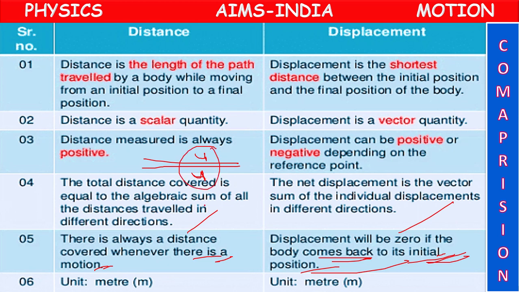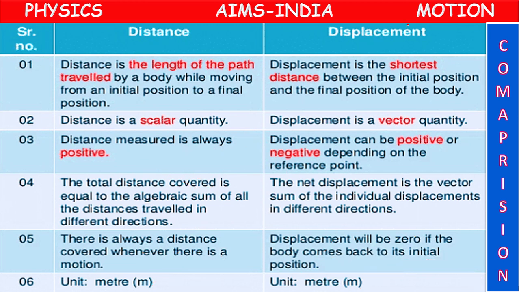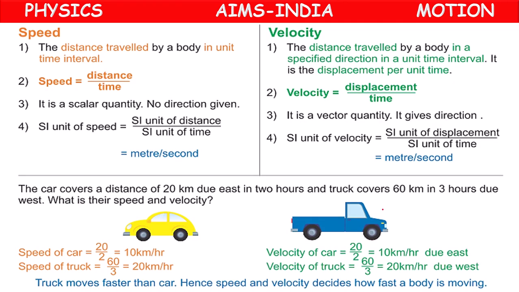But for displacement, going forward plus 4, coming backward minus 4, cancel, 0 displacement. So distance can never be 0 when it is in motion, but displacement can be 0 if it comes back to initial position. Its SI unit is meter, CGS unit is centimeter. So in this way we can compare distance and displacement.